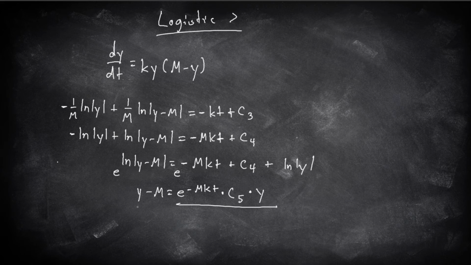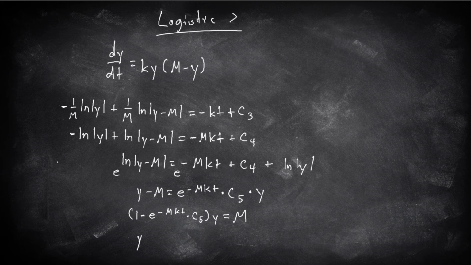So we have a y variable, so let's put them together. Move this to this side, so 1 minus e to the negative mkt times c sub 5, and we have our y's. Then move negative m to this side, so this becomes m.